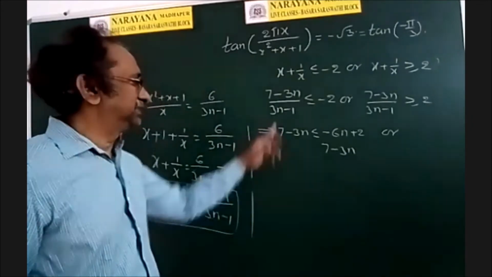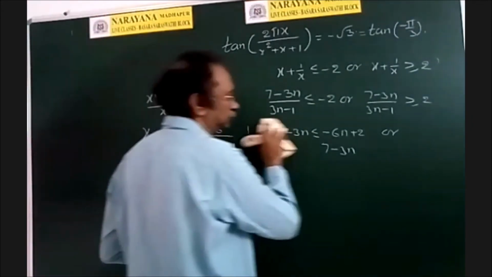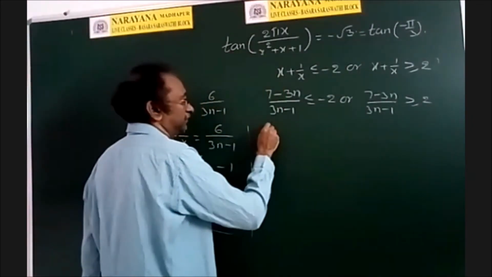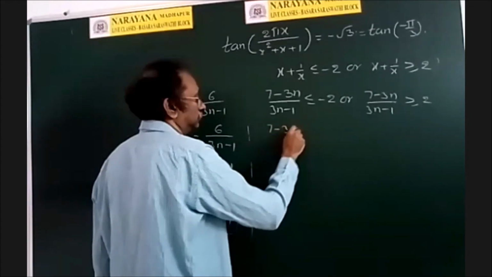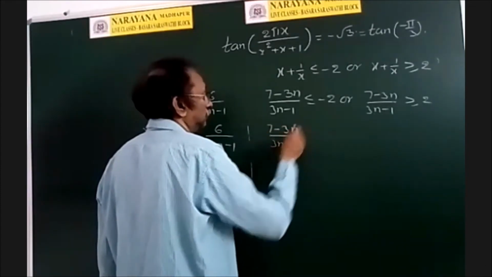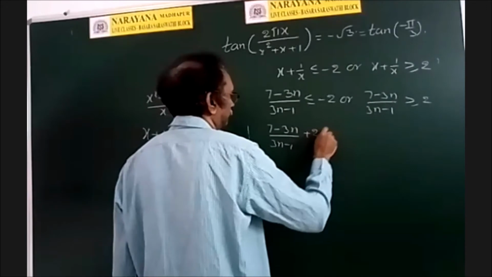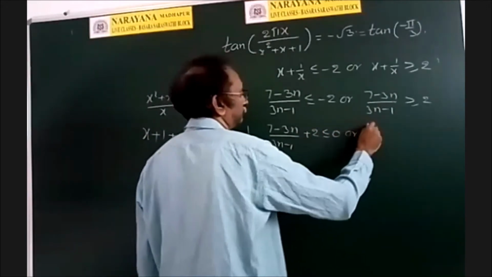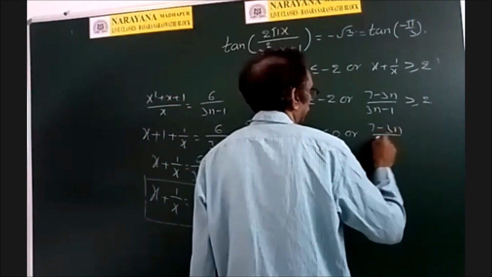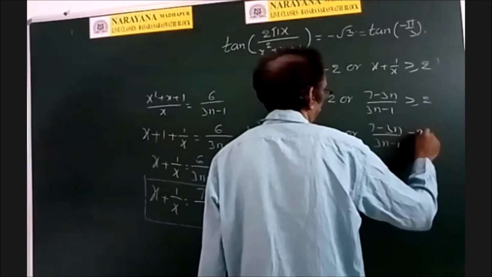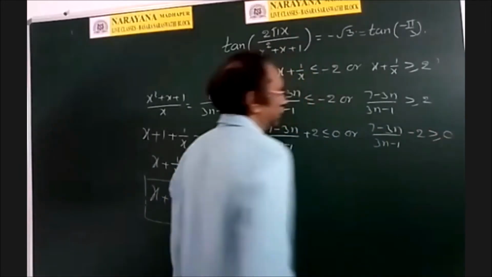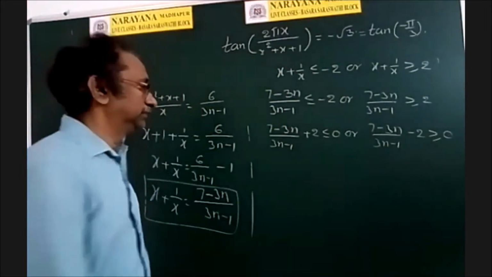So first of all, this is an integer now, so it is better to not do like this. First of all, write plus 2 less than or equal to 0, or 7 minus 3n by 3n minus 1 minus 2 greater than or equal to 0. So better do like this.